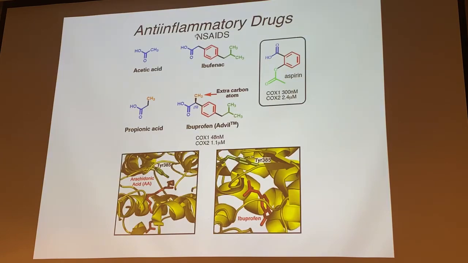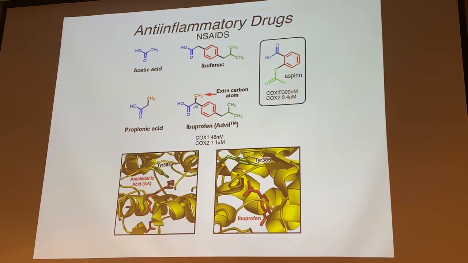How do these drugs work? These are non-steroidal anti-inflammatory agents. They're all related to aspirin, which is the first one based on a natural product, salicylic acid. Advil and naproxen, you'll see in a second, all inhibit this enzyme called COX, which is cyclooxygenase. There's 2 isoforms, COX-1 and COX-2.